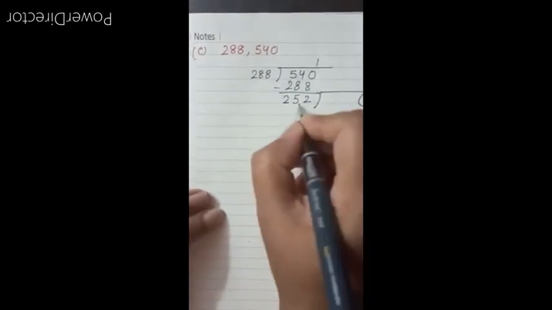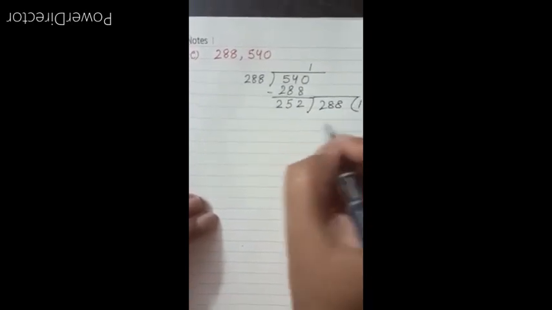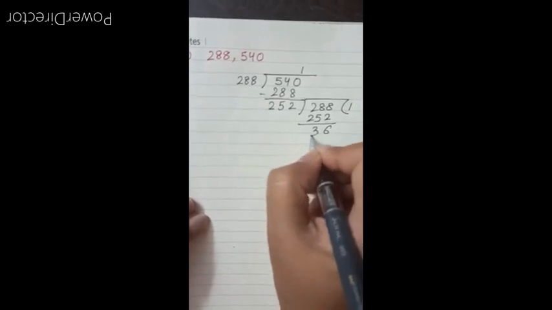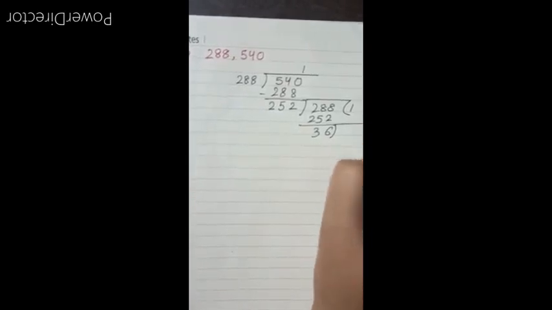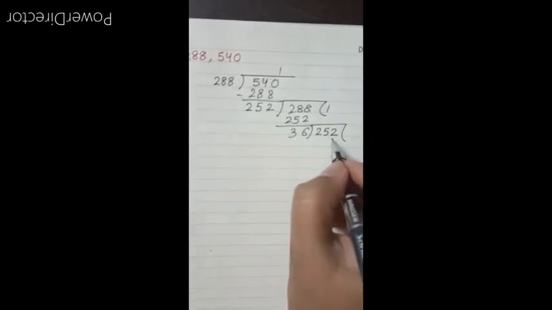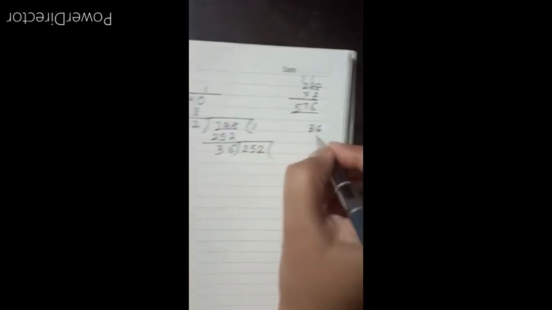Now this remainder becomes a divisor. 288 will go inside. 1 time it will go now. 252. 36. And 252 is inside. Now children, we need a 2 in the last, and this is the table of 36. So we can probably try 2, which is 72.